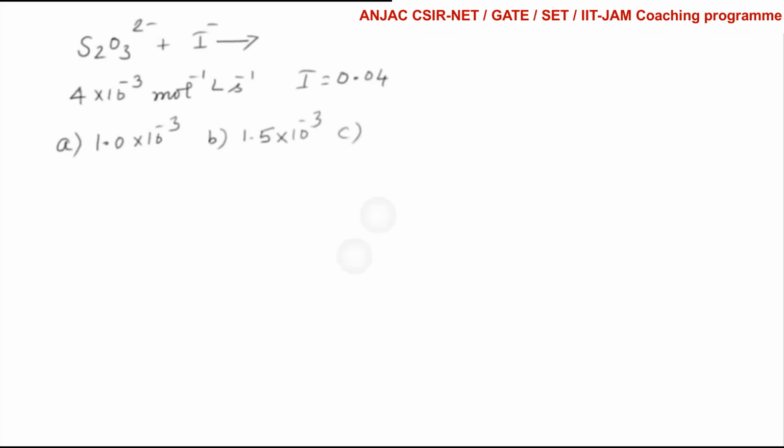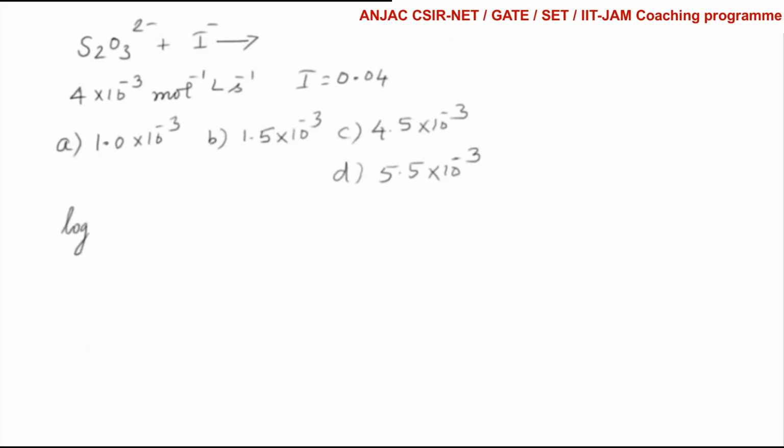C: 4.5 into 10 power minus 3. D: 5.5 into 10 power minus 3. On logic argument, you can immediately tell which of these are not possible.